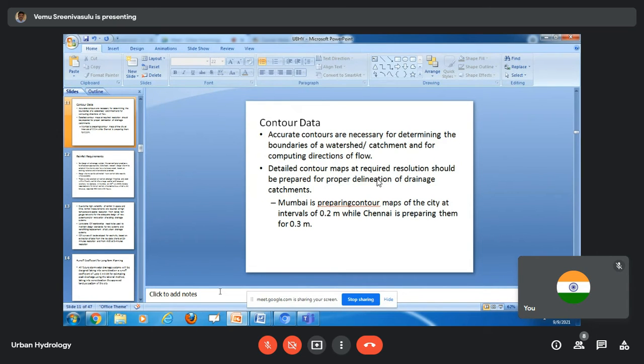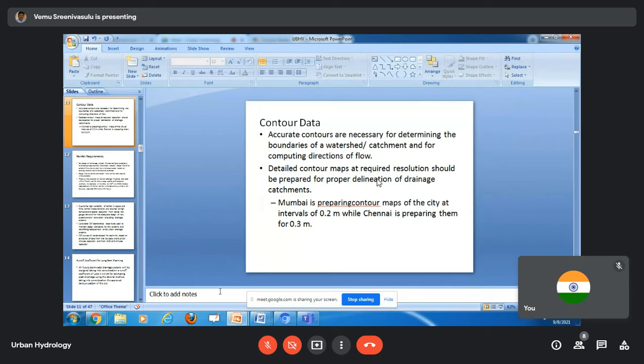Okay, as I said earlier, for any analysis we should consider the natural boundaries, that is the catchment area, not the political boundaries. Okay, so in that catchment where your study area falls, first identify the design storm.